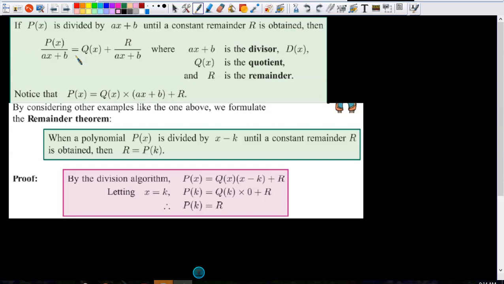So if you think we've got a cubic and we're dividing it by a linear, what would this have to be? A cubic divided by something linear, you're going to end up with a quadratic. Obviously, if this was a degree 8 divided by a degree 2, then we'd be a degree 6.